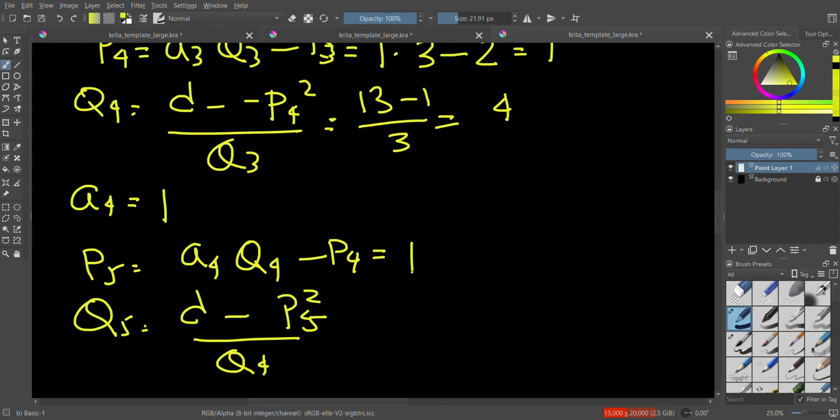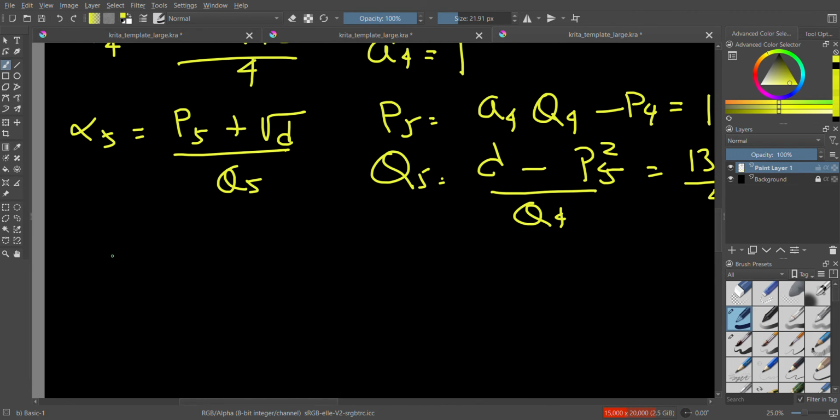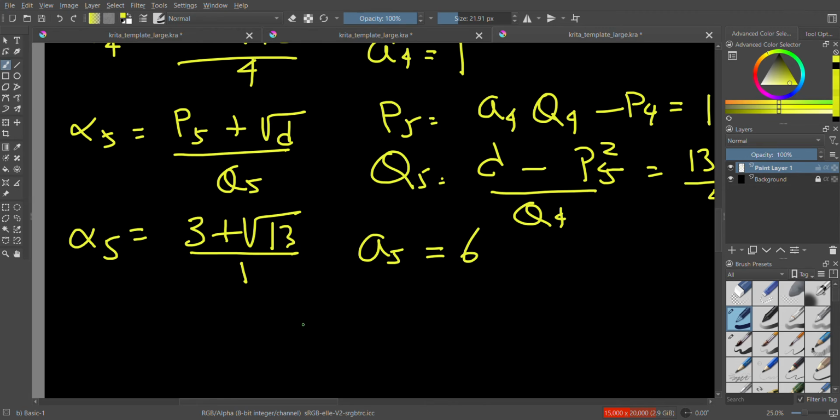A4 we said was 1, Q4 was 4, and P4 was 1. So this is 3, right? Then this is 13 minus 9, because we squared that P5, and the Q4 we said was 4. So this is 1. So I think we have our alpha sub 5. Then I explicitly write it out as 3 plus square root of 13 divided by 1. A5 is 6, right? 3 plus 3 something?